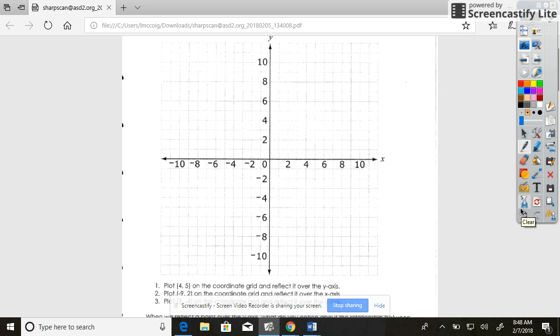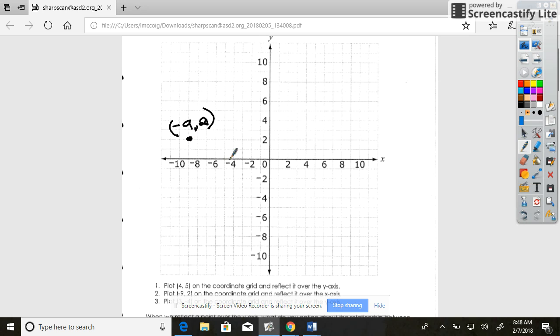Number 2 says plot -9, 2. So I'm going to start at 0, go to the left 9 to -9, and go up 2 and make my point. So this was -9, 2. And I want to reflect that point over the x-axis.